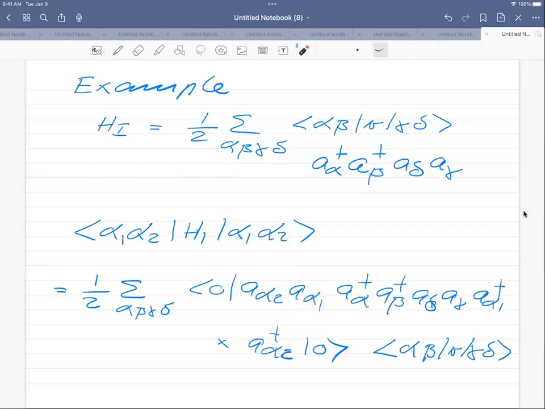So it's not only an integral, but it could also be an integral plus a sum over the spin degrees of freedom of the states which are involved. And then depending on the spin degrees of freedom, these matrix elements can be zero or not. And we will see that a little bit later.